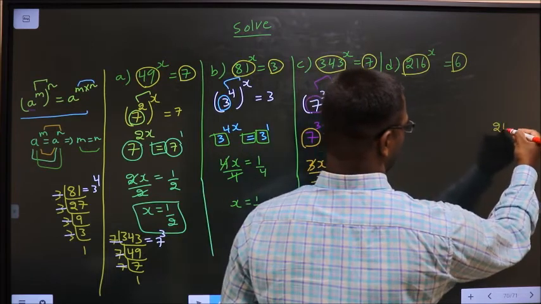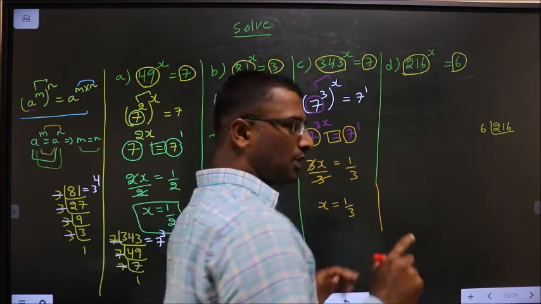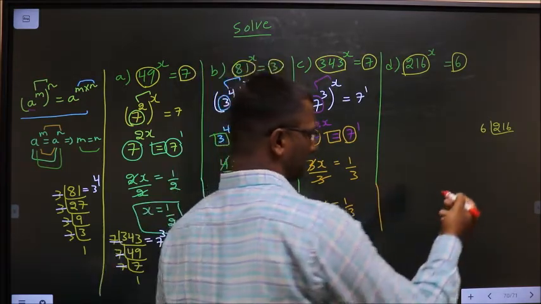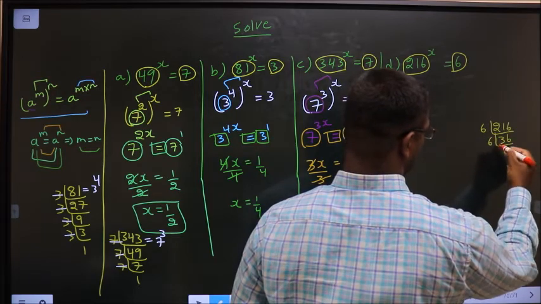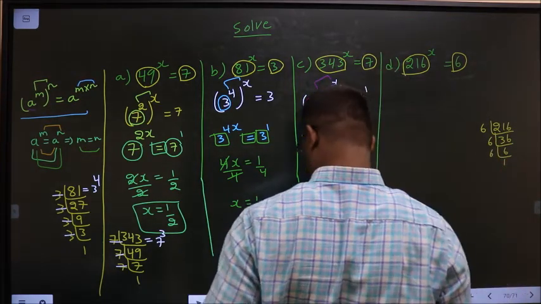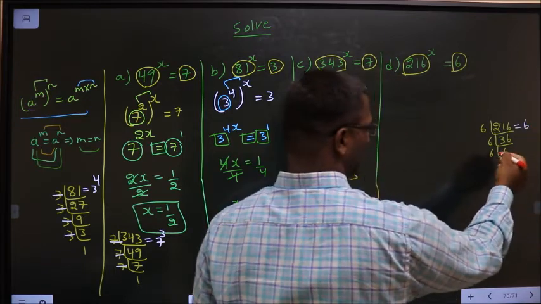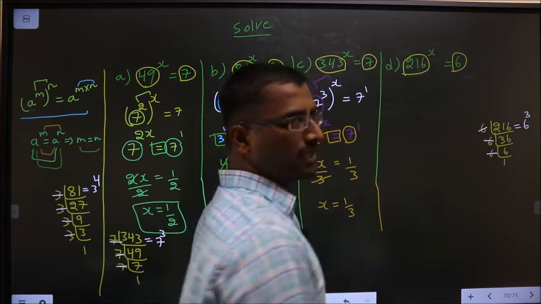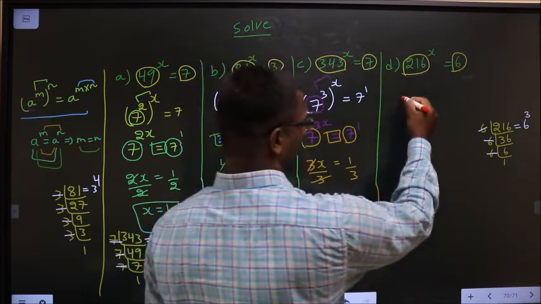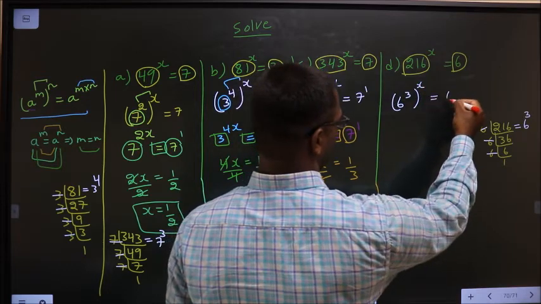So if I take 216, I want 6 to be the base, so I am starting with 6: 36, then I get 6, 6, 6 and 1. So 216 is nothing but 6 power what number? 1, 2, 3. So 6 power 3. Rewrite here 6 power 3 power x equal to 6 power 1.